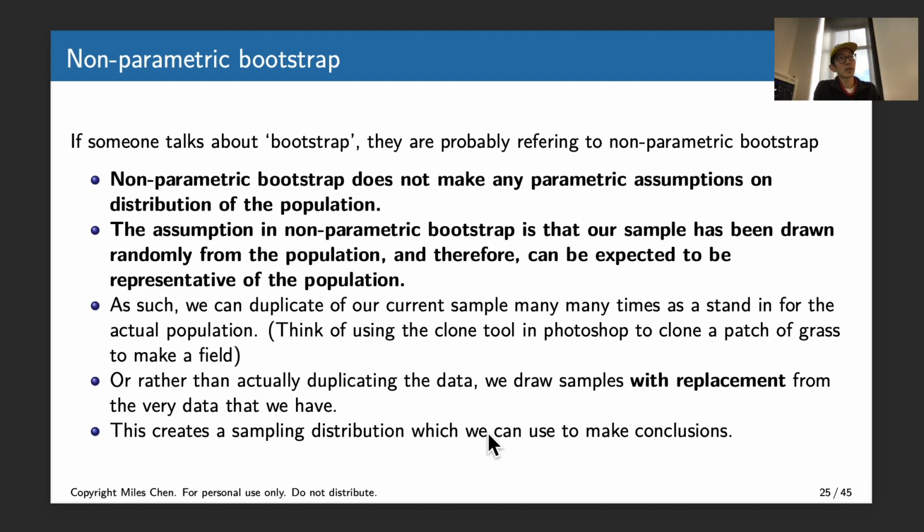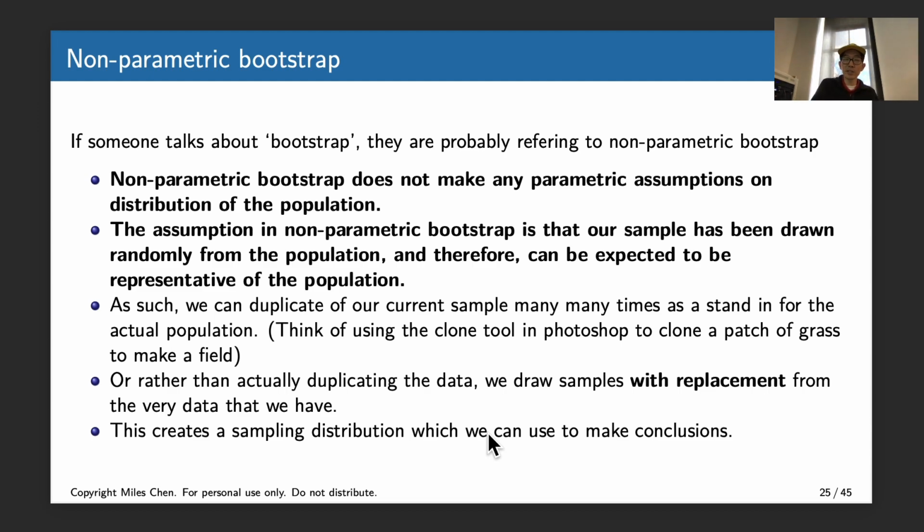Now, on a practical level, you don't actually have to copy and paste your sample a whole bunch of times. What you can do is just sample with replacement. Sampling with replacement is mathematically equivalent to creating infinitely many duplicates of your sample as the population, okay?